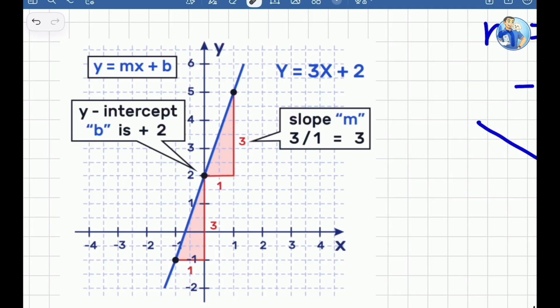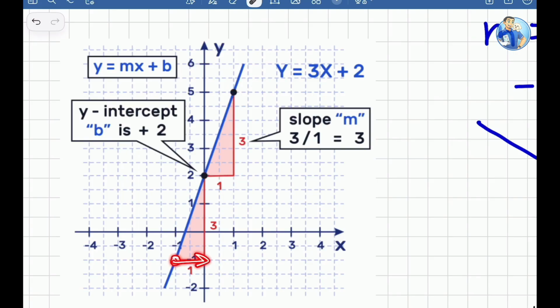You need to check the sign because this is positive. It means for every single unit horizontally, it's going to increase vertically by 3. Okay, this is super important. We can see it here.